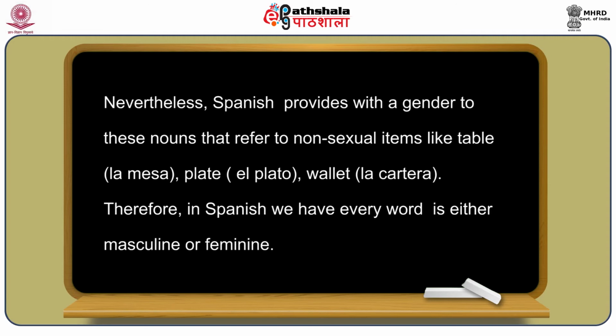Nevertheless, Spanish provides a gender to these nouns that refer to non-animated beings like table, chair, wallet, etc. Therefore, in Spanish, we have every word either masculine or feminine. Now let's see how to know which object will be masculine and which one will be feminine.